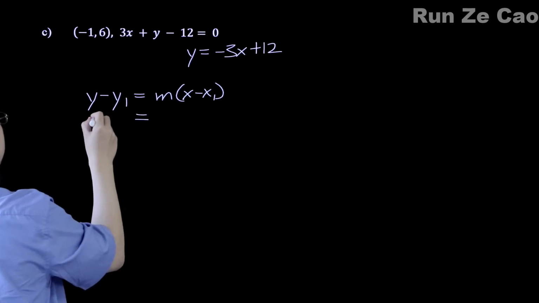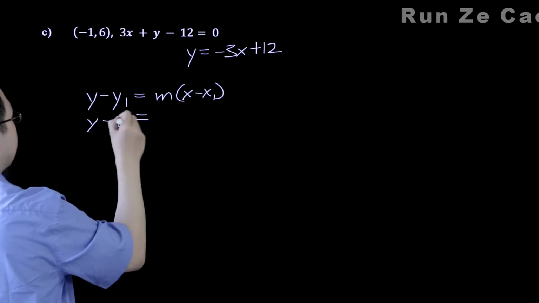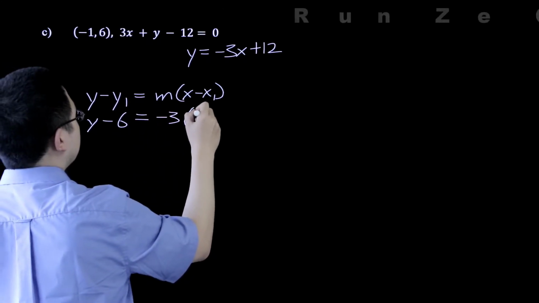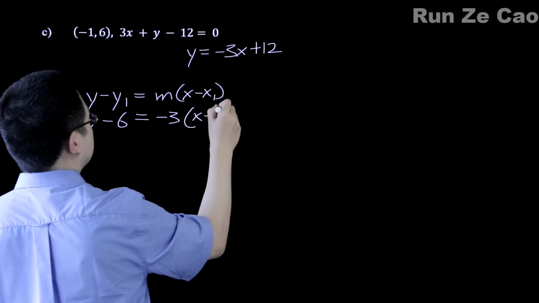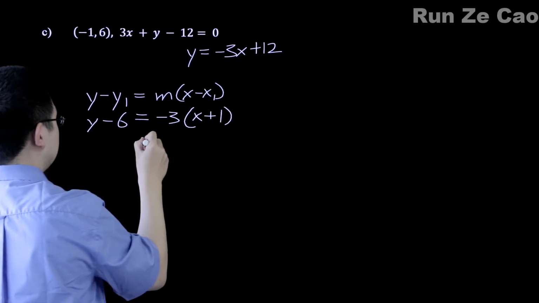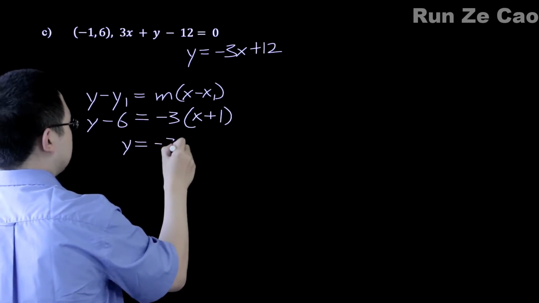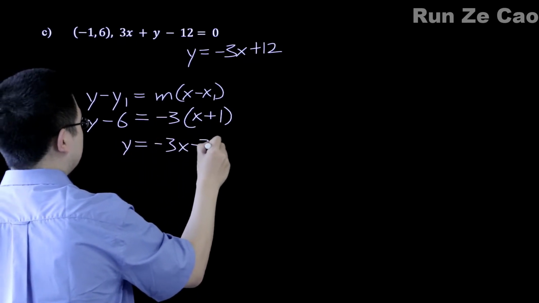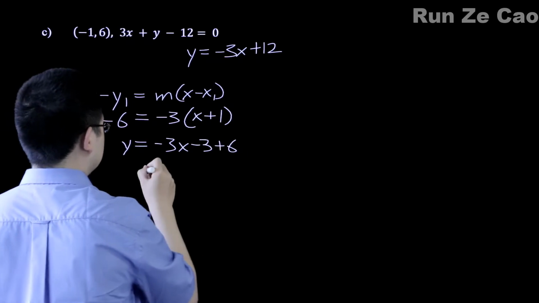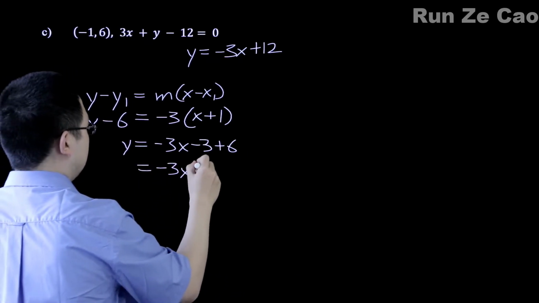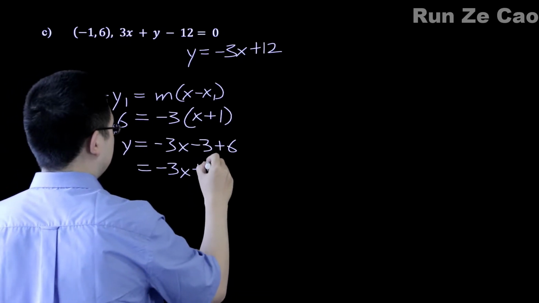So 6 and negative 3 for the slope, x plus 1. So y equals negative 3x minus 3 plus 6 equals negative 3x plus 3.